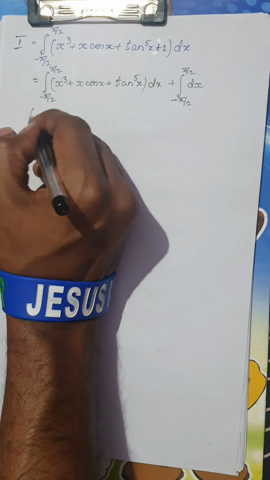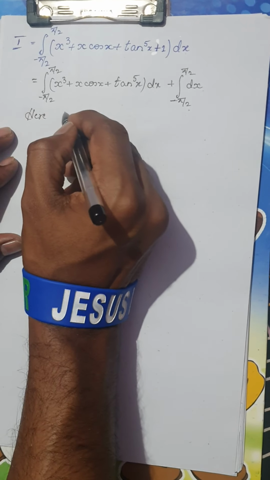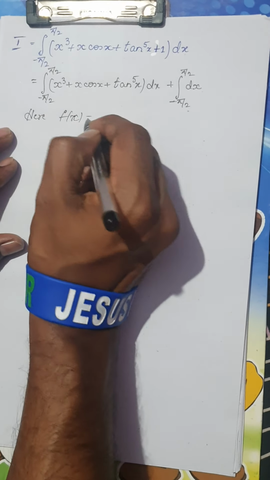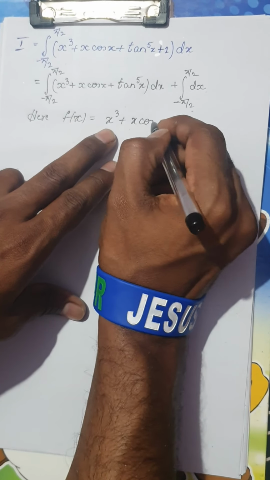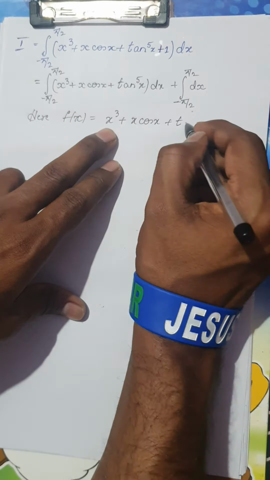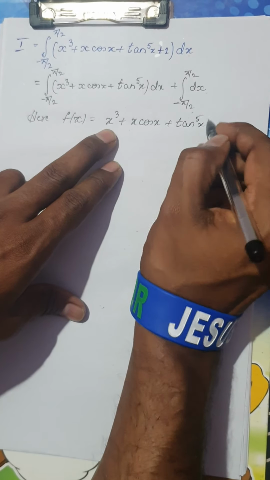Consider this. For this function, f of x is x cube plus x cos x plus tan power 5x.